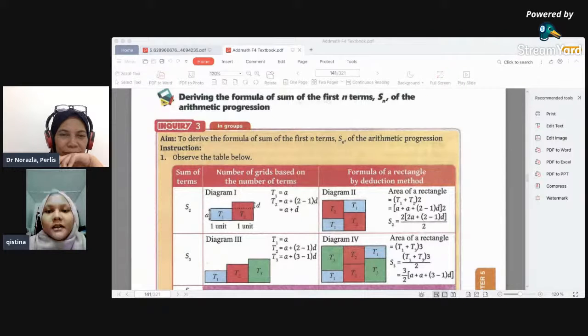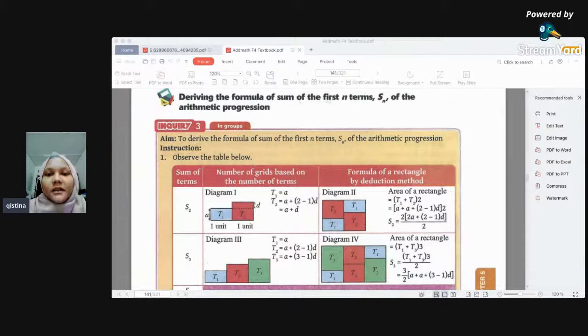Now we substitute the information we get from diagram 1, the value of T1 and T2, into the formula of the rectangle. Sum of S2 is half of the area of the rectangle.